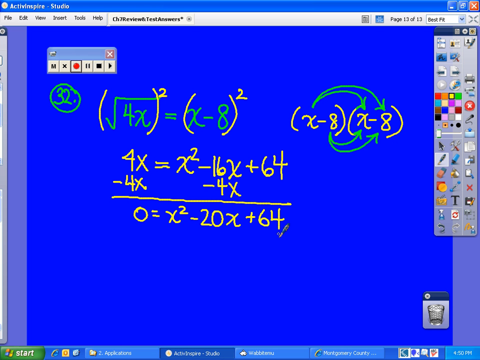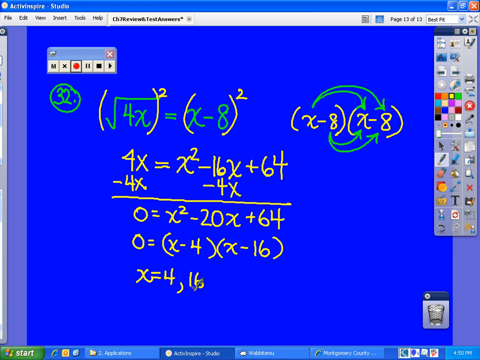In this case, we're trying to find factors of 64 that add to negative 20. Those factors would be x minus 4 and x minus 16. If you set each one of those factors equal to 0, you'll get x equals positive 4 and positive 16.